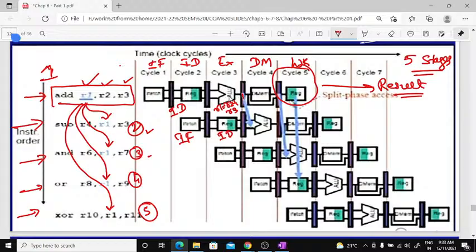The data stays available in the buffer, the latch circuit, until it reaches here. Suppose R2 is 2 and R3 is 3, then the R2 plus R3 operation is performed and the result is 5. It is not written in R1, but this 5 is available.